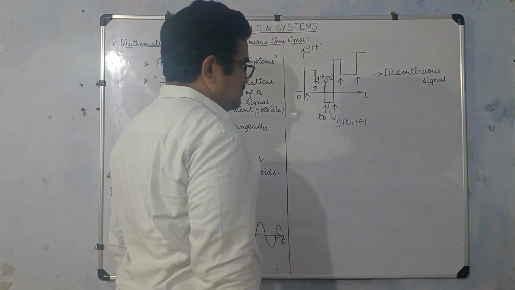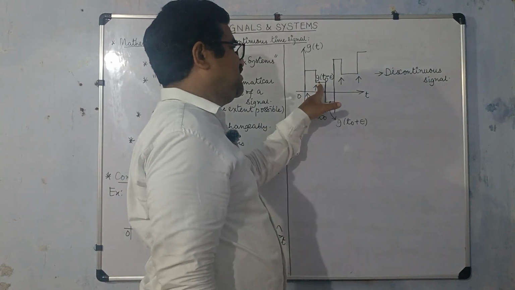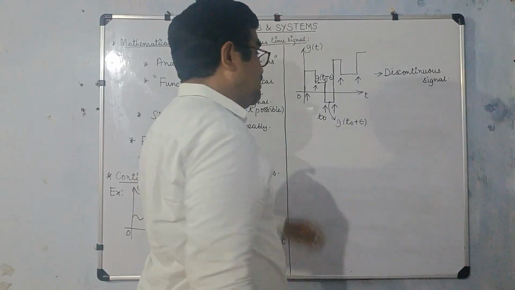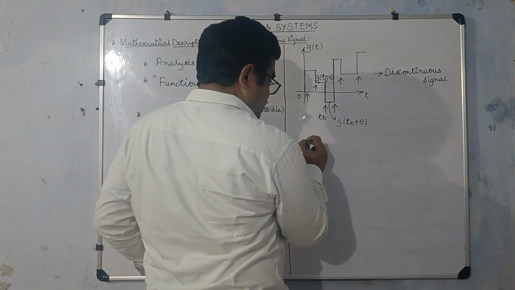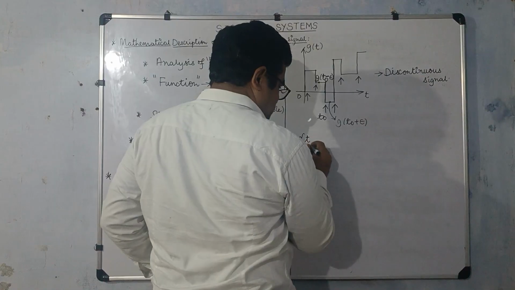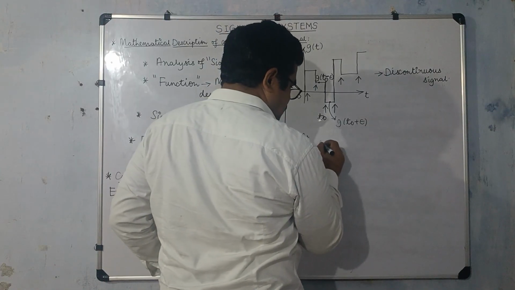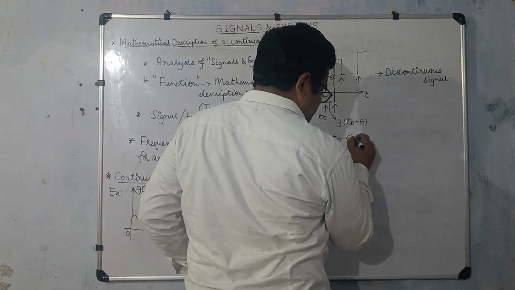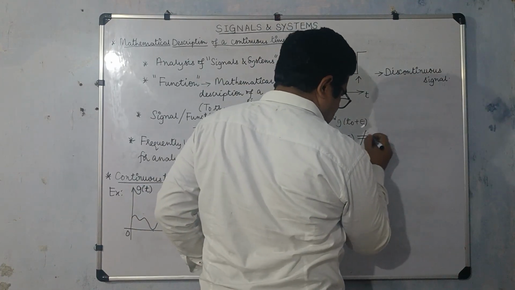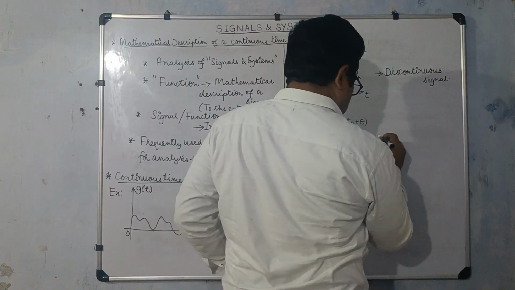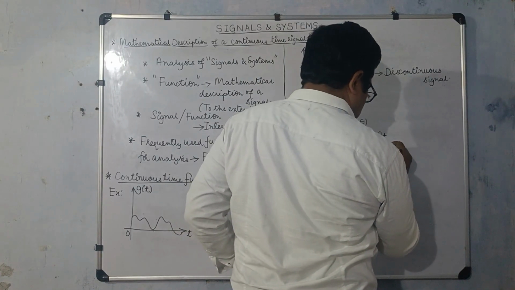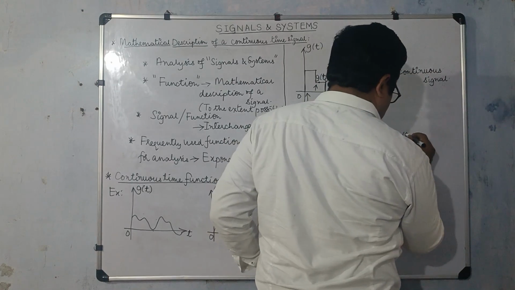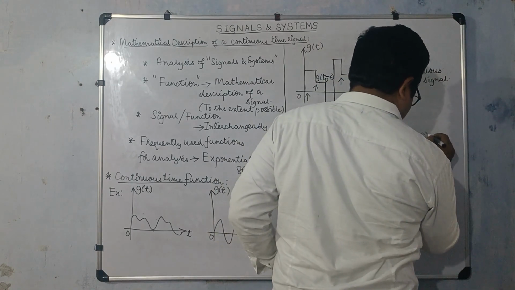Then we can write limit epsilon tending to 0 of g of t naught minus epsilon is not equal to limit epsilon tending to 0 of g of t naught plus epsilon.